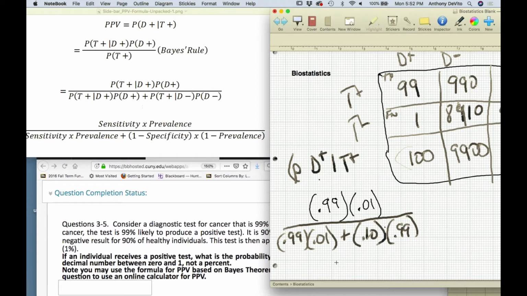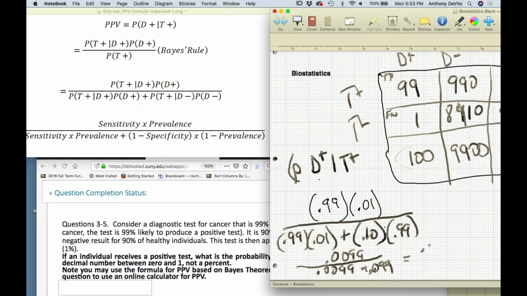Okay, so what does it come out to? On the top, we got 0.99 times 0.01. Move the decimal place over 2 places, so it's 0.0099 over 0.0099 plus 10% of 0.99, right? I'm moving the decimal place over 1 place there.